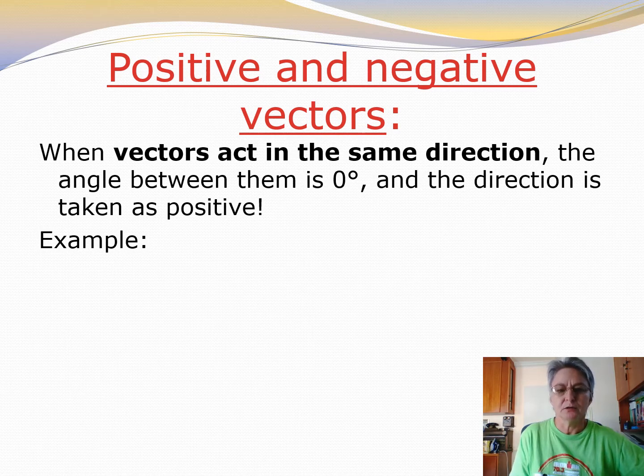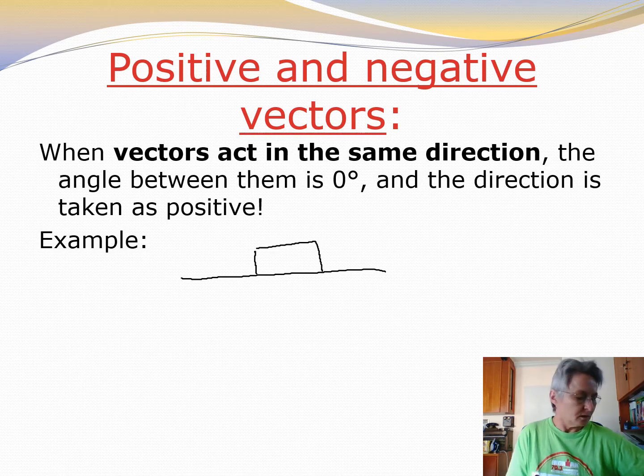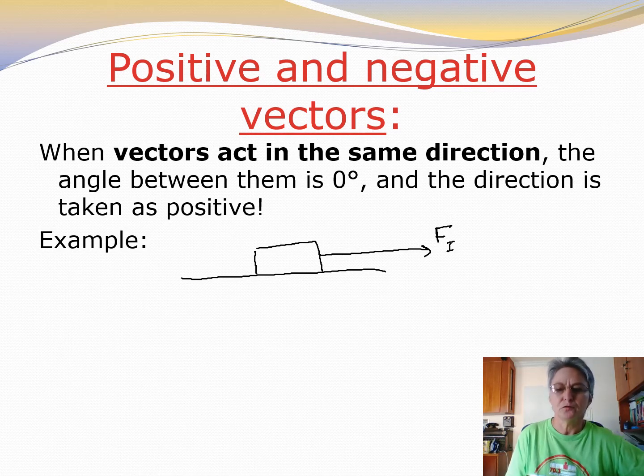So we've got a crate, and I'm going to draw a force diagram now. So he pulls a crate to the right with a force of, and I'm using a little i, F_i, the force of Ibrahim, 20 newtons.